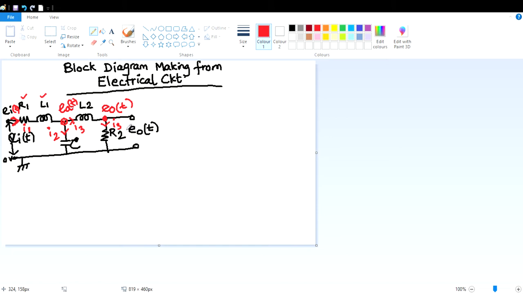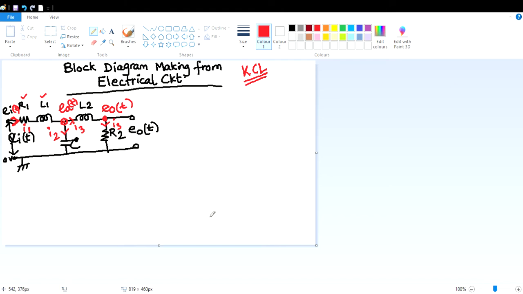That is why it is easier, because in a block diagram also we need to consider all the circuit components along with all the voltages and currents. If you consider it this way, it will be easier for you to draw the block diagram. That is why I am advising you to always use KCL whenever you are trying to draw a block diagram from the circuit.